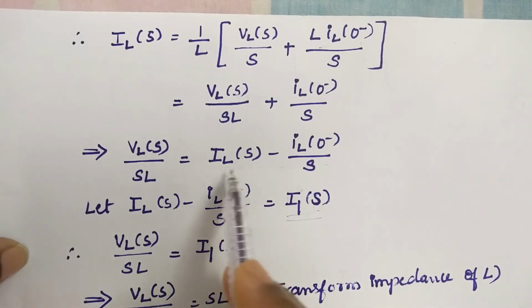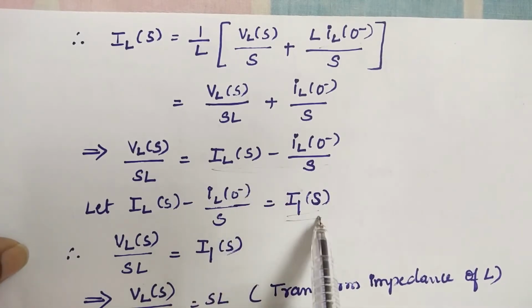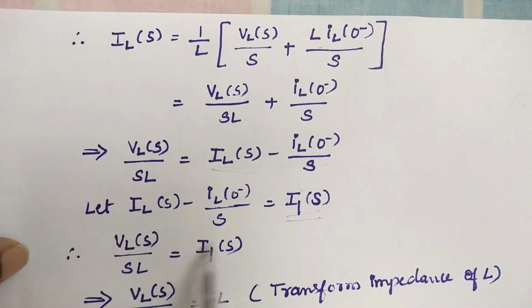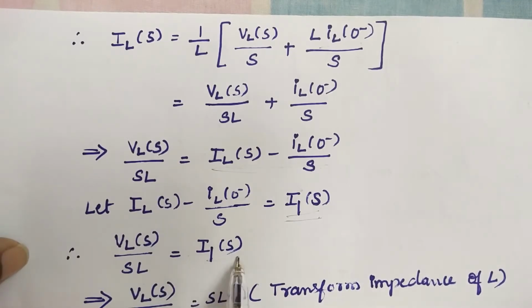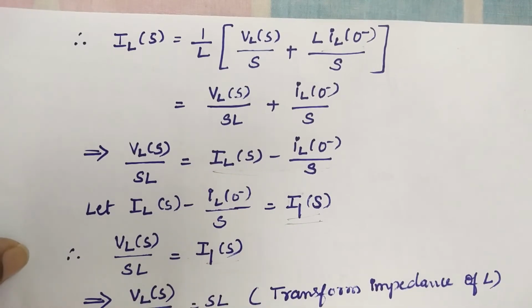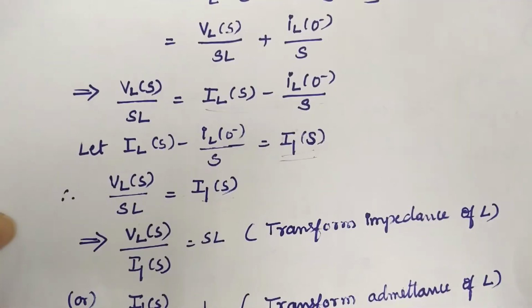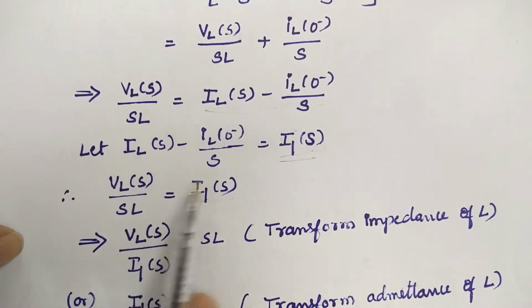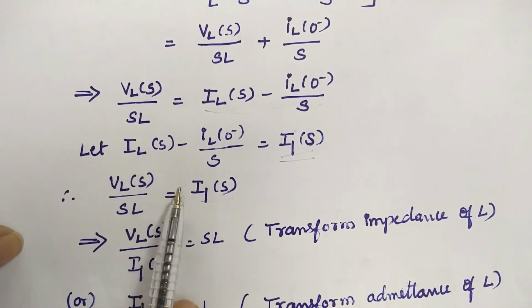So let us assume this entire term as I1. So VL of S by SL is equal to I1 of S. Now let us find the transformed impedance and transformed admittance. From this equation, what can we write? VL of S by I1 of S is equal to what? SL.